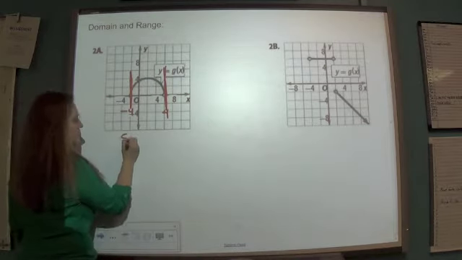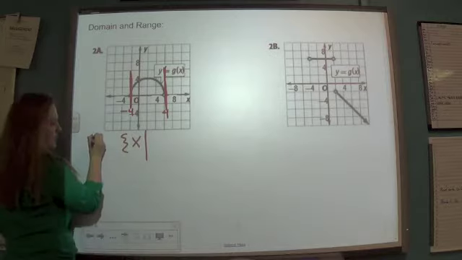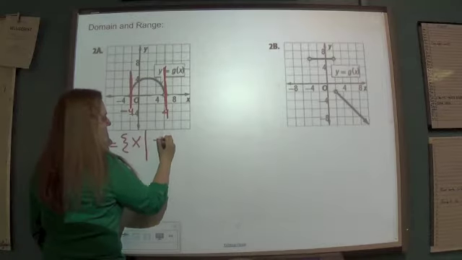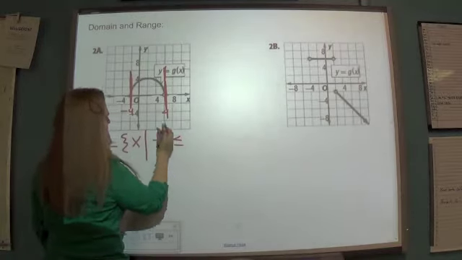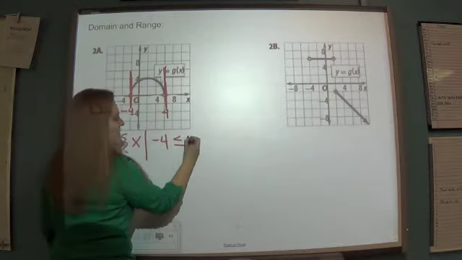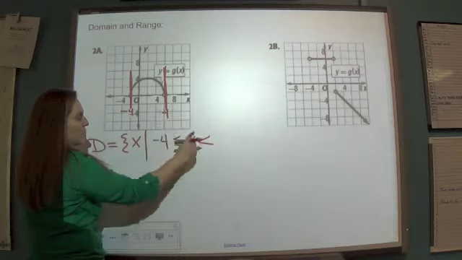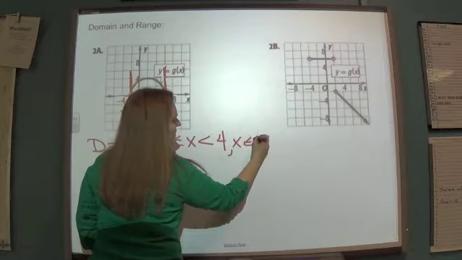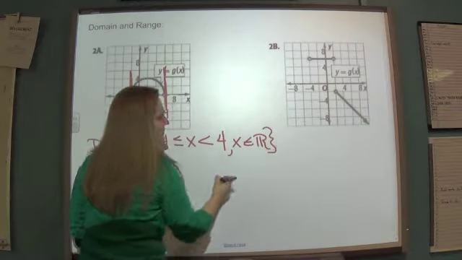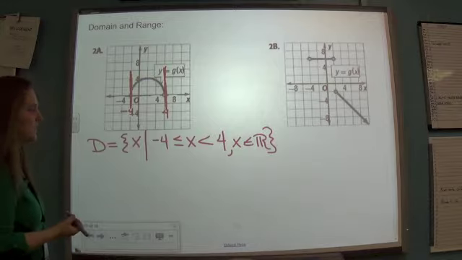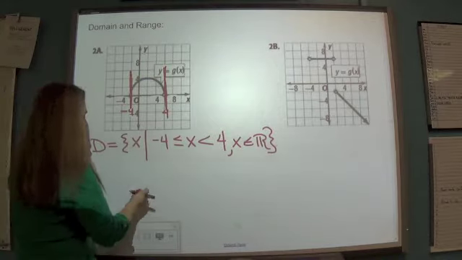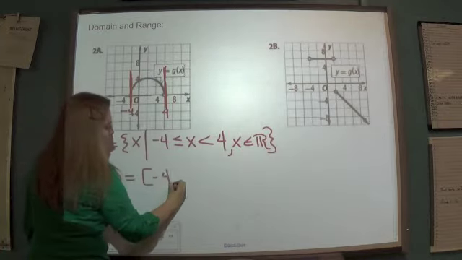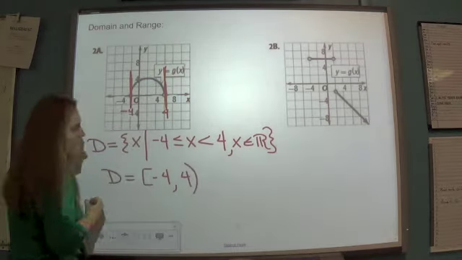If I write in set notation, and this is where you probably should go, D equals, domain equals, we're going from -4, so -4 is less than or equal to x, since it was a closed circle, so we need the equal sign, and x is less than 4, which is an open circle, so we don't need the equal sign, and x is an element of real numbers. So there is your set notation. For your interval notation, it's just as easy. My domain equals, I start at -4, so it's a bracket, and I'm ending at 4, which is a parenthesis. So that is the domain.